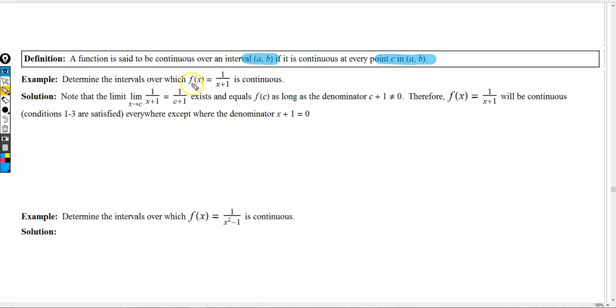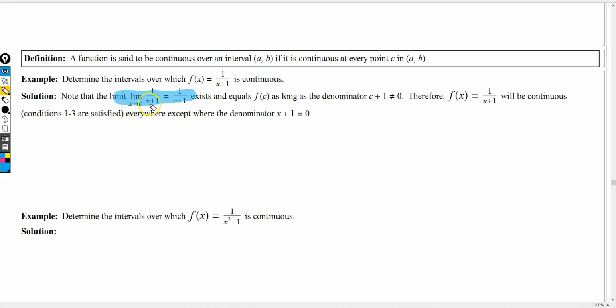So let's take a look at two examples here. First of all, let's determine the intervals over which this function, f of x equals 1 over x plus 1, is continuous. Now for this function, notice first that if I pick any number c, the limit as x approaches c of 1 over x plus 1 is 1 over c plus 1.